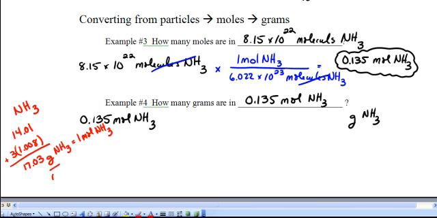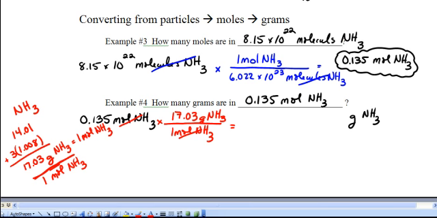Oftentimes we write it grams over mole, just like that, which actually means you can put 1 mole of NH3 on the bottom. Now, which direction do we want to go with this? Well, if we have moles of ammonia on top already, we're going to want to have our 1 mole of NH3 on the bottom, and we'll put the 17.03 grams of NH3 on top, so that the moles divide out with moles, top and bottom.